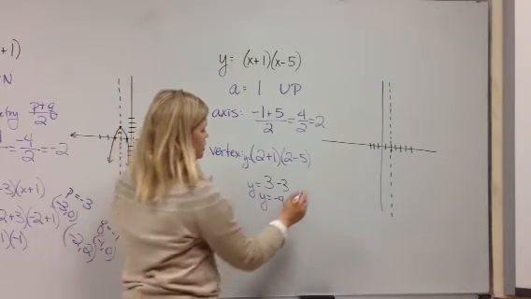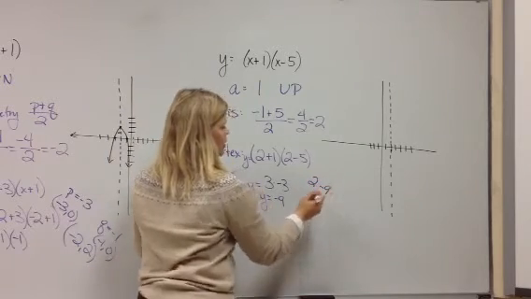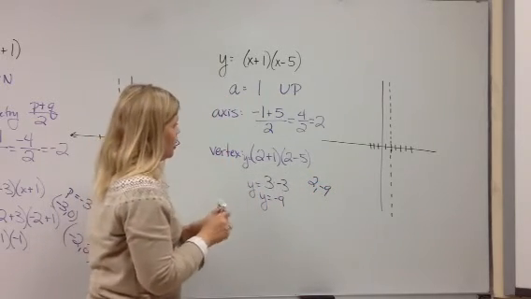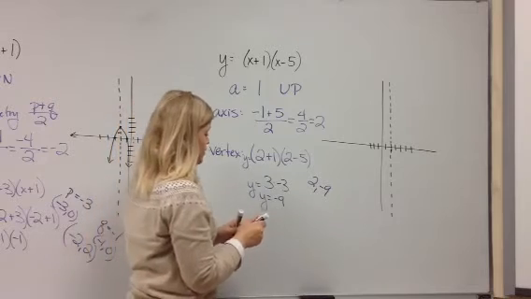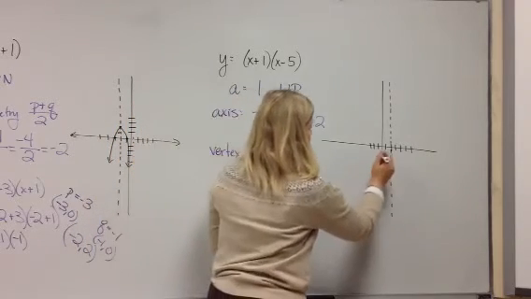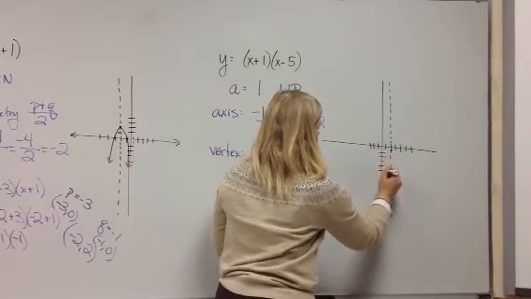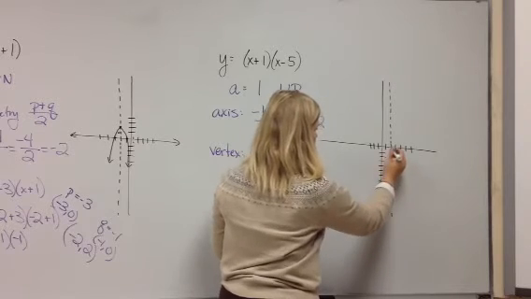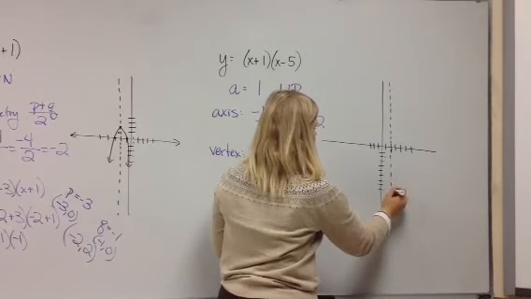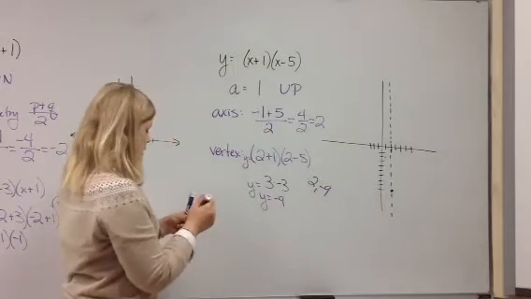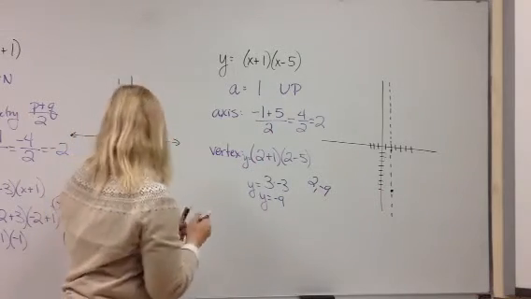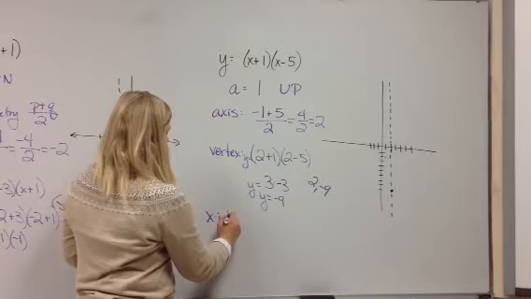So you get 2, negative 9. We need to go to 2, negative 9 and make our vertex. 1, 2, 3, 4, 5, 6, 7, 8, 9. Here's your vertex.